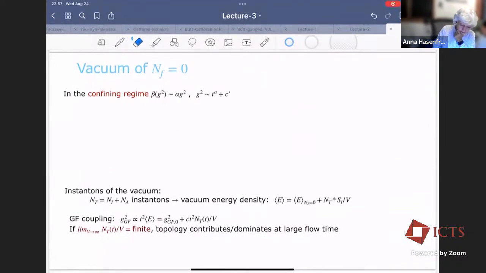So if you have a beta function that is alpha g, that implies that g squared should behave as T to the alpha plus a constant. We measure g squared. So how does it look?